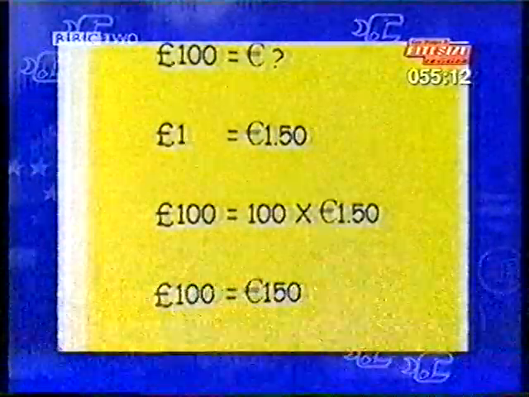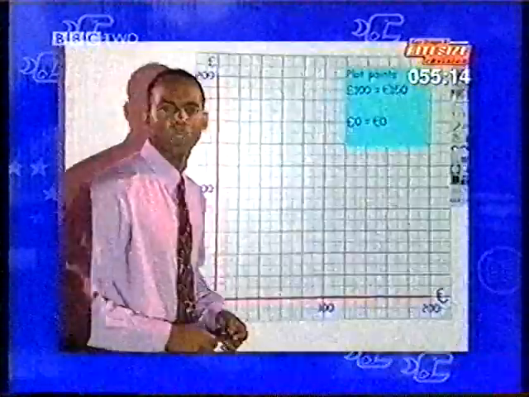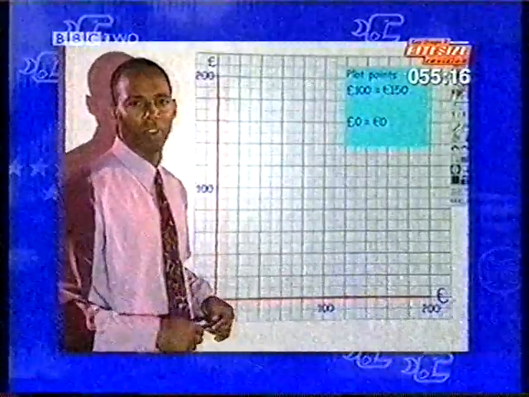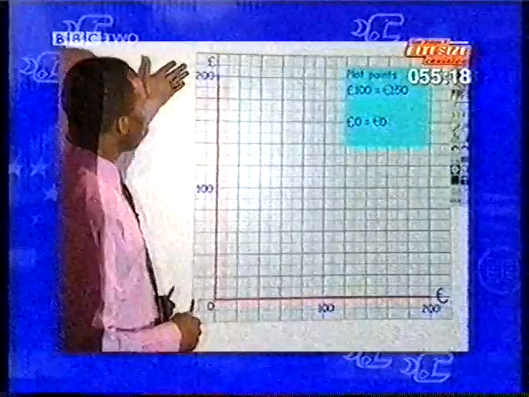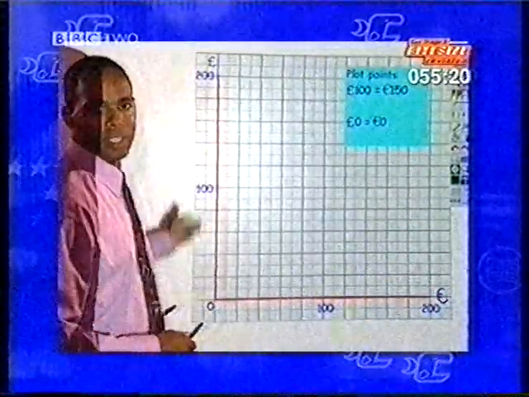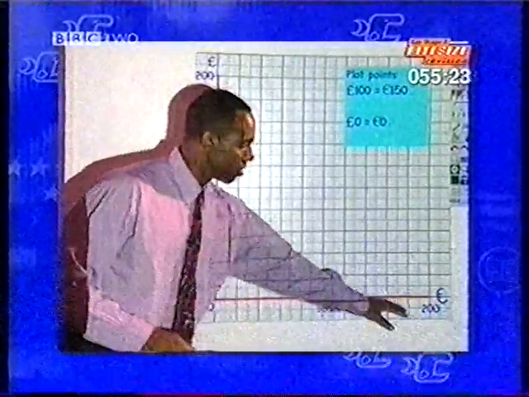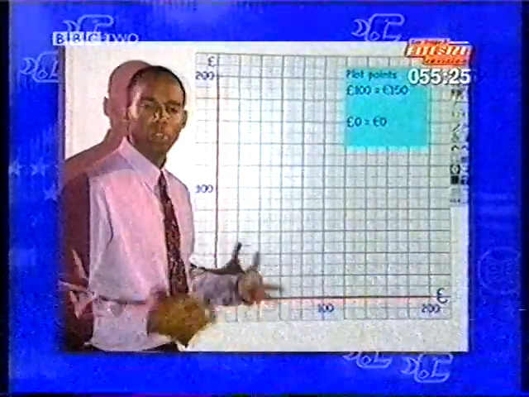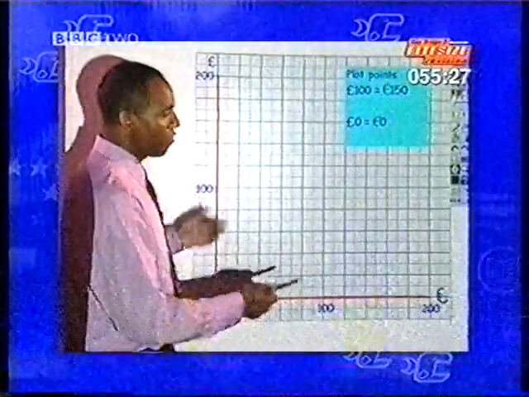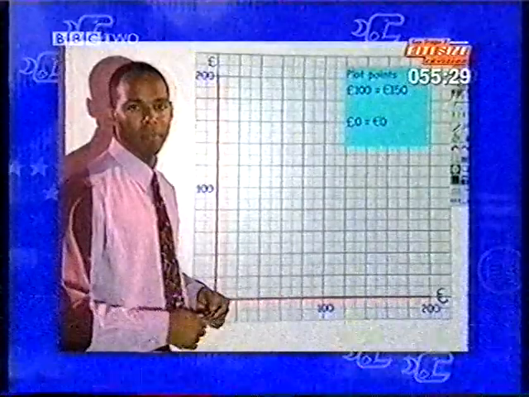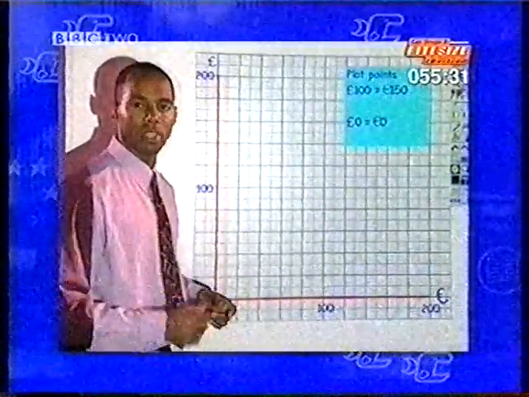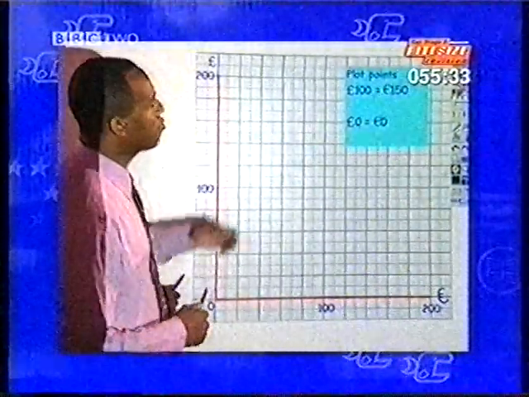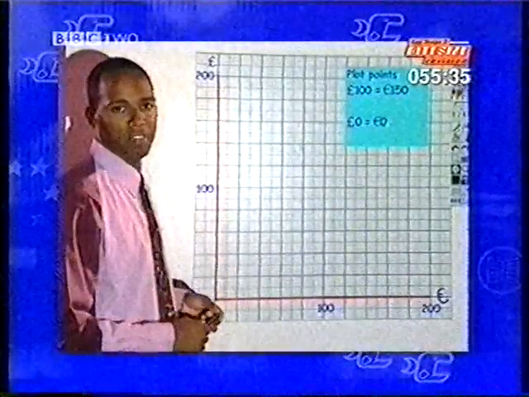Let's consider other values. The answer then is to draw a conversion graph. We have pounds here on the y-axis, and we have euros on the x-axis. We could have drawn this the other way round, but we've just chosen to do it this way. Right, let's plot the points that we know. We have £100 equals 150 euros.